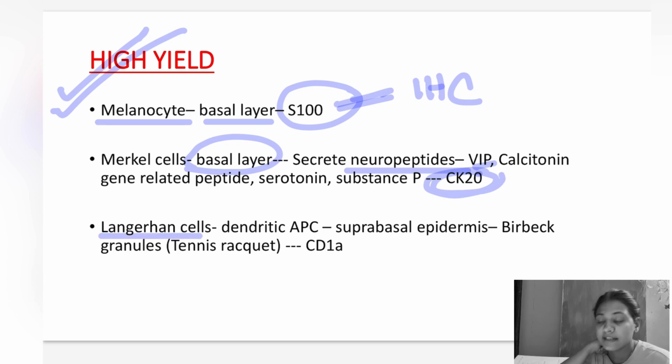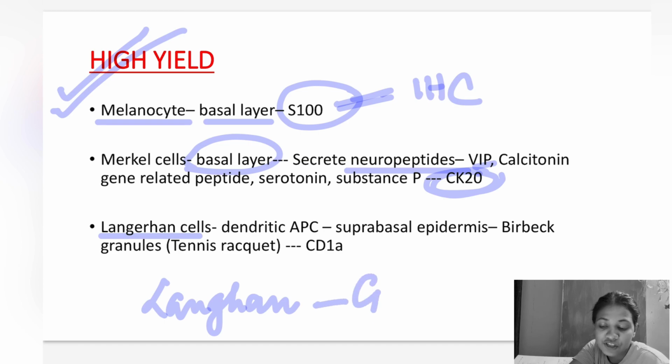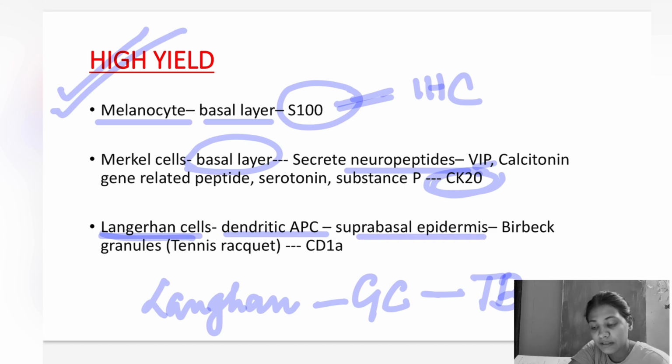And Langerhans cells. In the previous topic that I had taught, I was telling about giant cells, which are known as Langerhans giant cells. Langerhans giant cells are seen in TB, and Langerhans cells are dendritic antigen presenting cells in the suprabasal epidermis. So when you see Langerhans cells, you should always go back to skin, and Langerhans is a giant cell in tuberculosis.